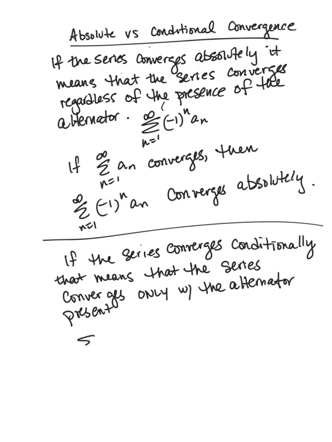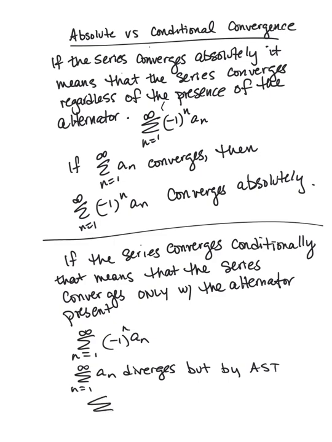So in other words, if you have some alternating series, and you get rid of the alternator, you see that this positive series diverges, but then when you do the alternating series test, the series converges.